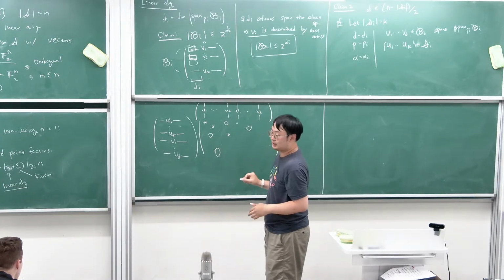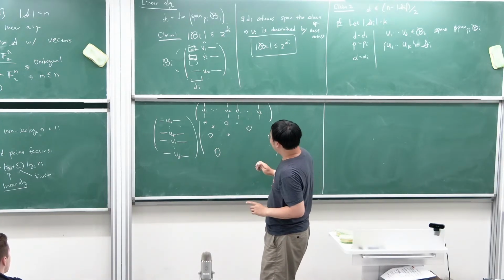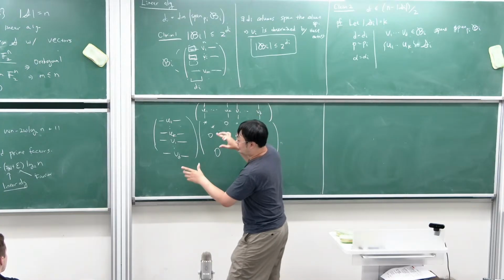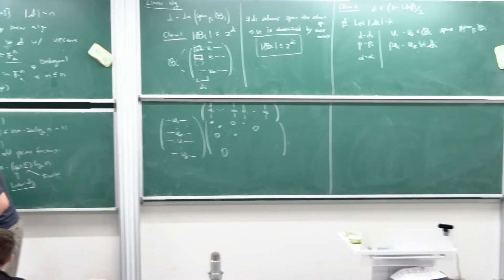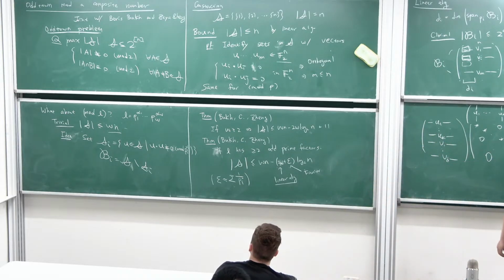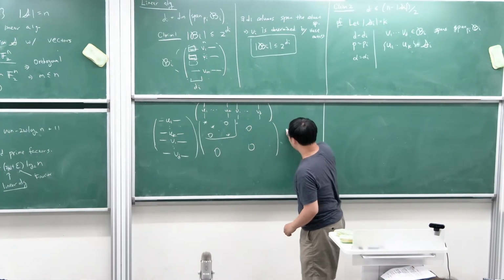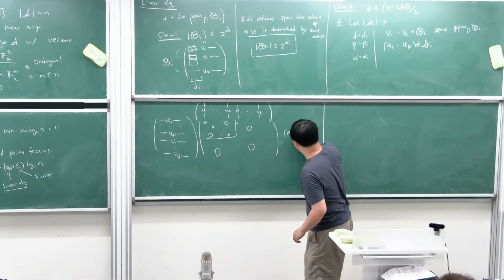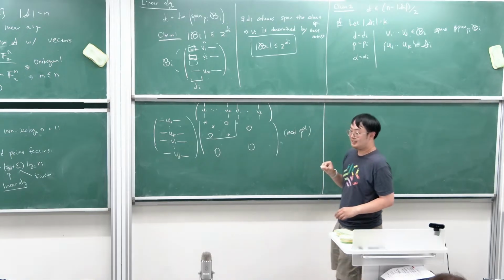And this is zero as well because of symmetry. And since these Vi are in the collection so that the inner product is zero, this chunk is zero as well. And everything I'm saying is under mod p to the alpha.